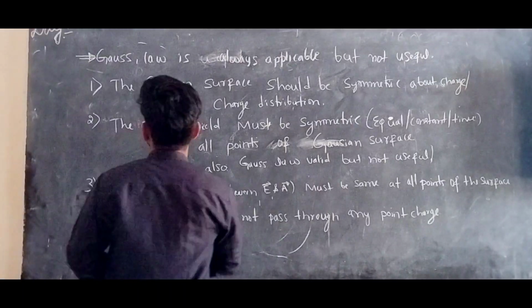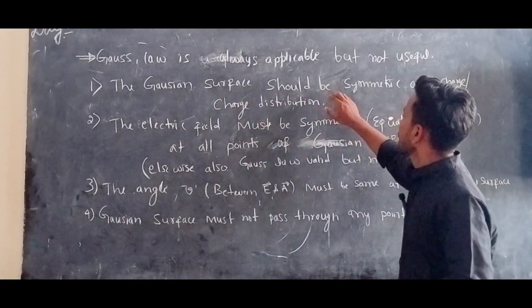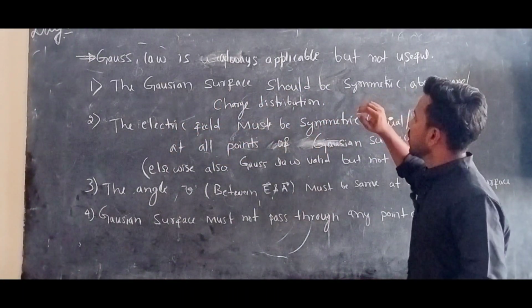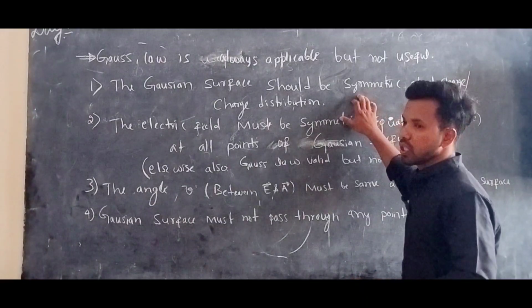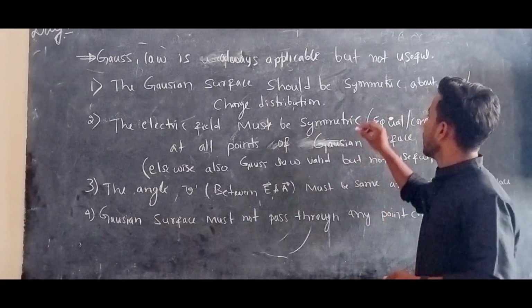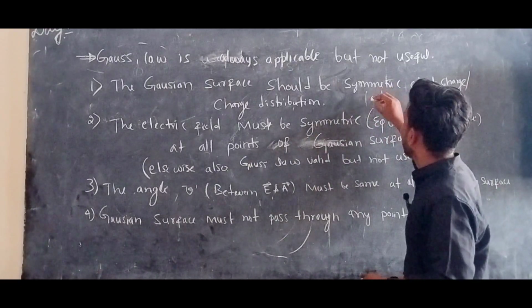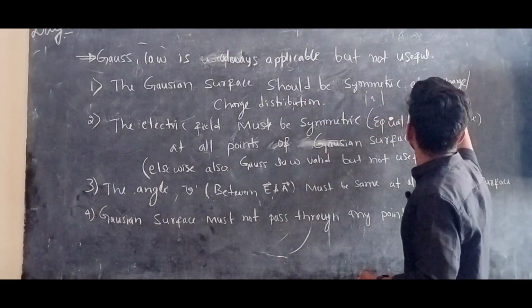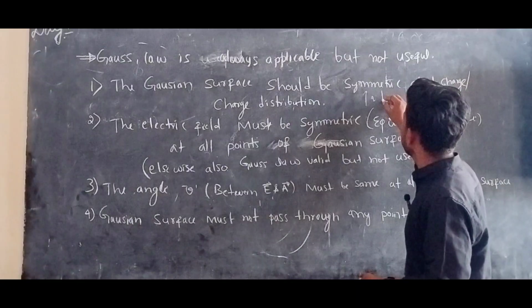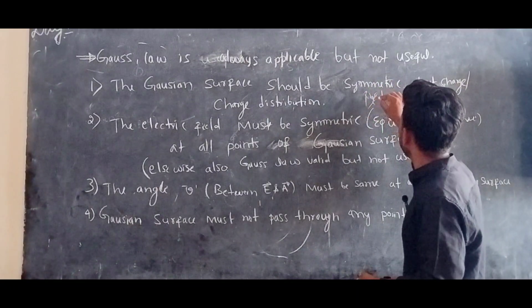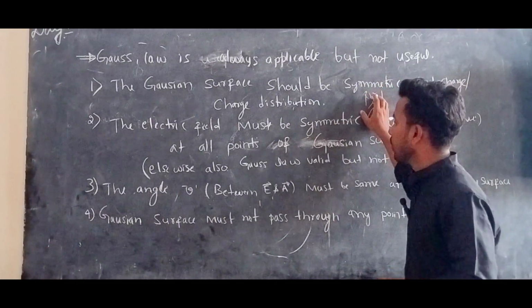Here, the first point: the Gaussian surface should be symmetric about the charge distribution. Let us take this shape here where the charge is placed. If it is a Gaussian surface, the charge distribution should be symmetric everywhere.